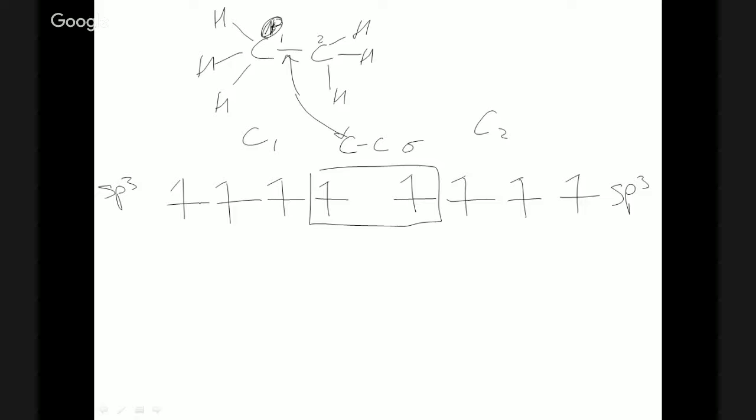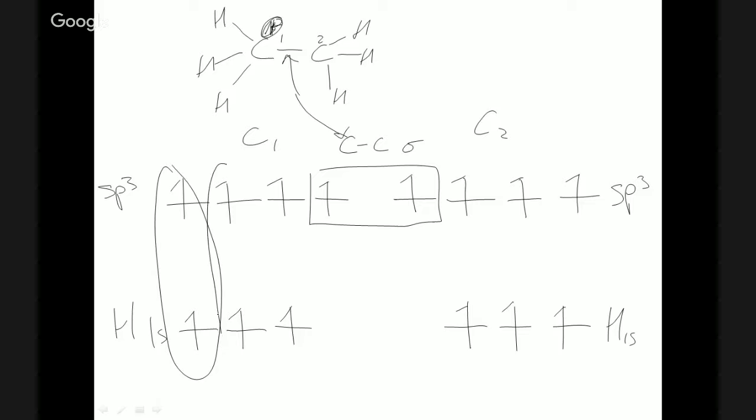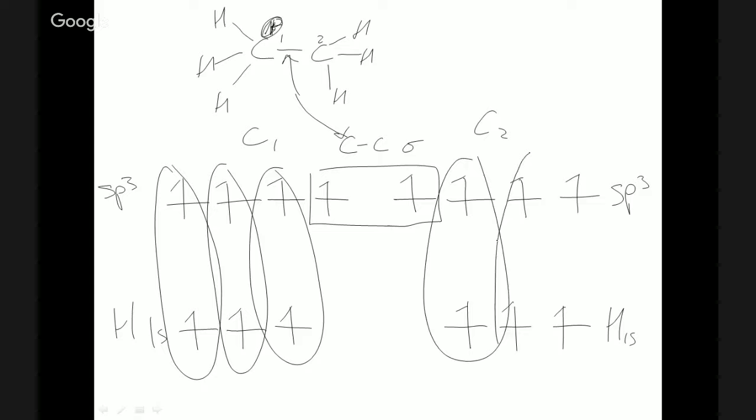And then where do these 3 electrons go? They go with hydrogens. We have a bunch of hydrogens and they're 1s. These would all be spin opposite of one another. We're not going to worry about that so much right now. H1s. Here's a CH bond. Here's a CH bond. There are 6 of them.